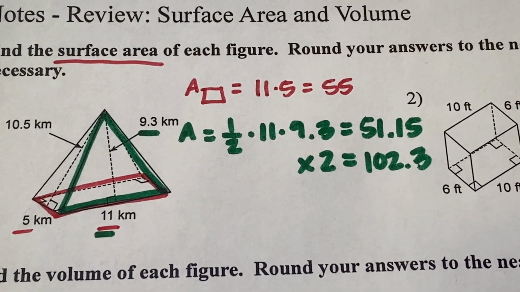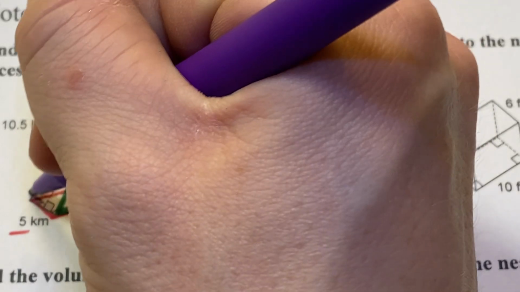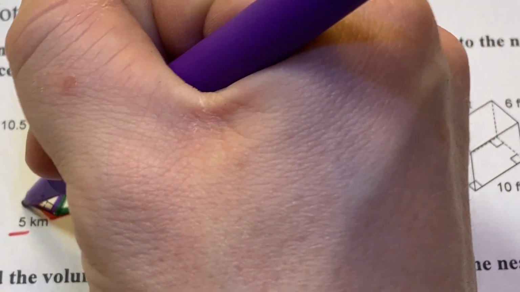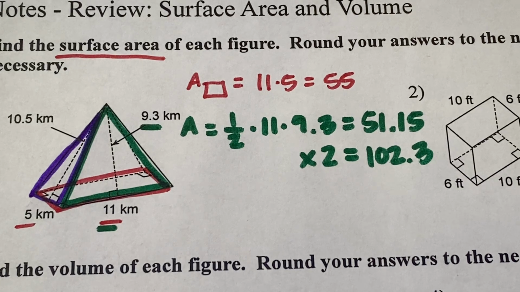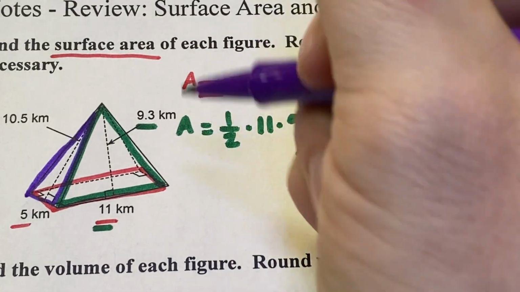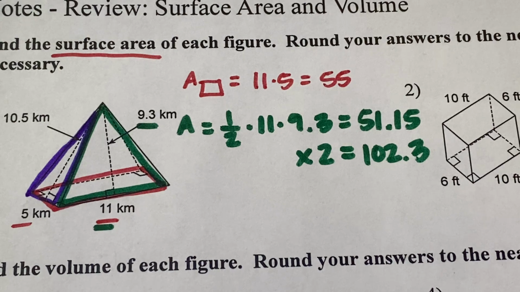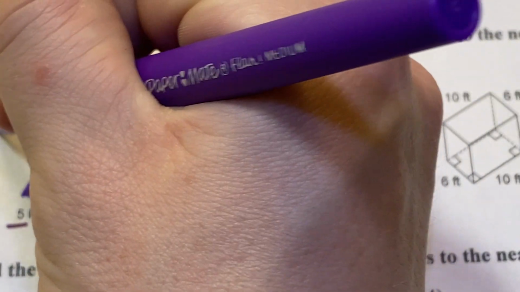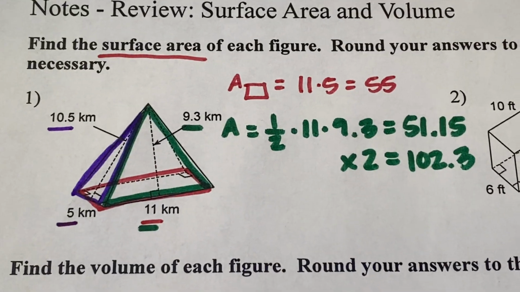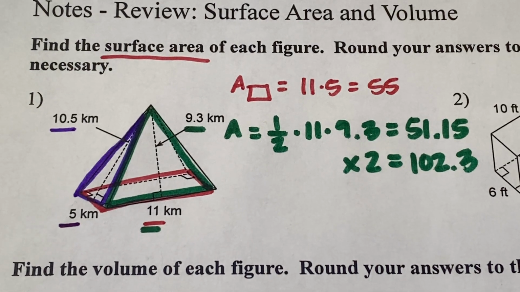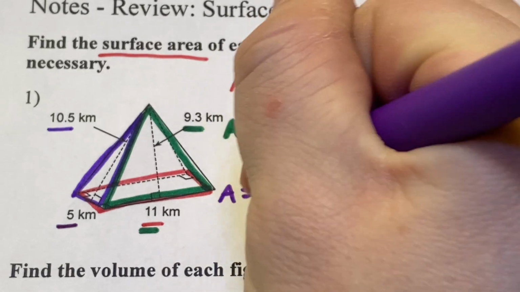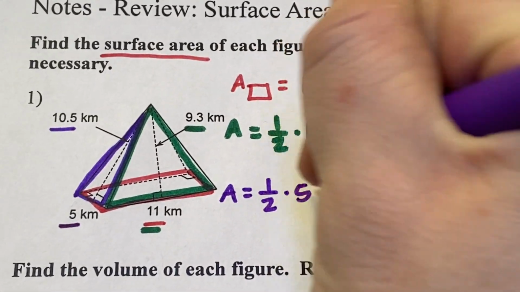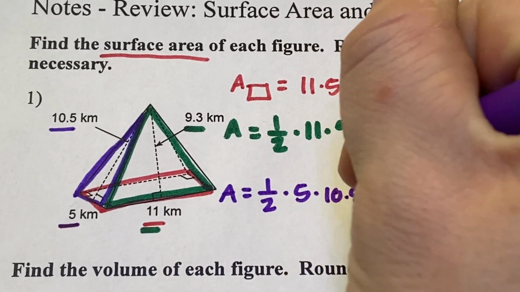Okay. Now let's go ahead and find the area of the 2 side triangles, the skinnier ones. Again, I need my base and my height here. What is my base and my height for that triangle? Donovan? 5 and 10 plus 5. You got it. 5 is my base and 10.5 is my height. Okay, so remember the area of a triangle, 1/2 times my base, 5, times my height, 10.5.